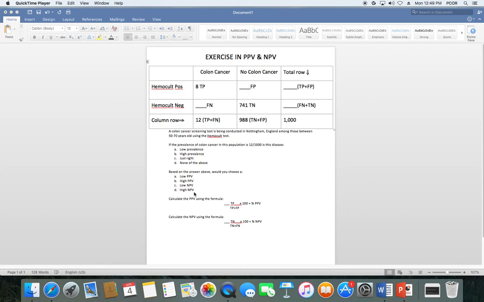And you can find that on slide 14 of module C 5.3, and that should be very easy for you to answer. All right, that would be the end of lesson on calculating positive and negative predictive value.